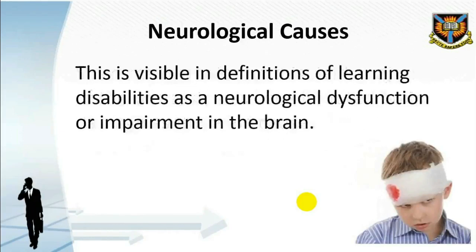This is visible in definitions of learning disabilities as a neurological dysfunction or impairment in the brain. Brain damage can occur during the prenatal, natal, or postnatal stages. It could happen due to accident or any physical trauma that directly affects the brain.